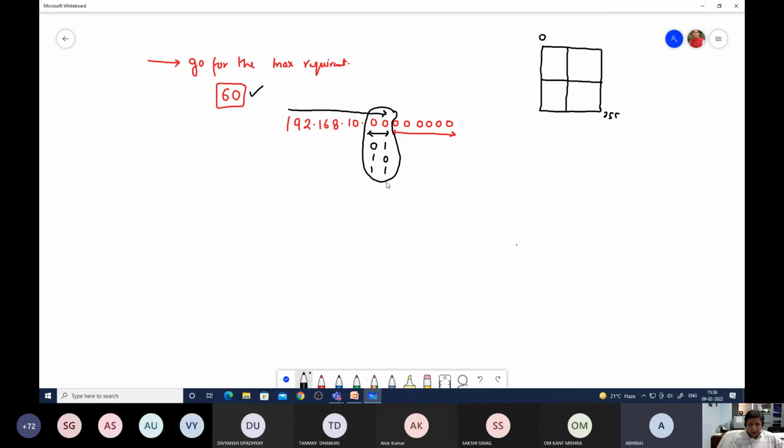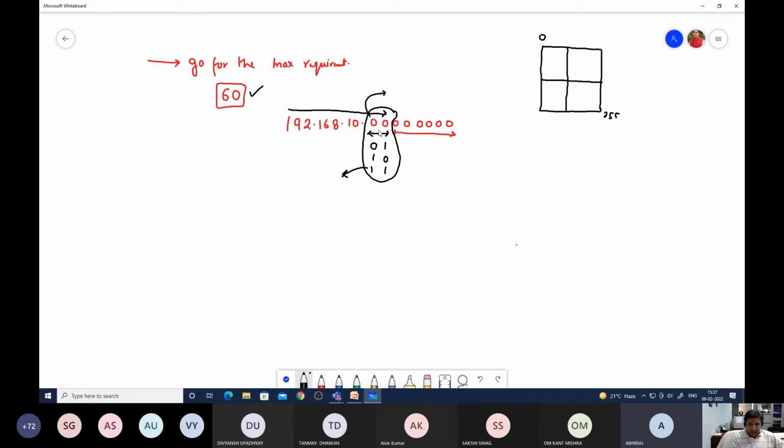Here you are not required to exempt the 00 and 11 combinations. When not required, you can use the 00 and 11 combinations also, because I'll tell you how it will not affect.